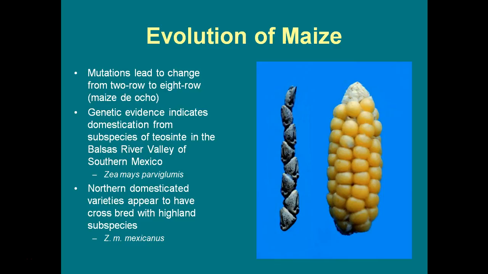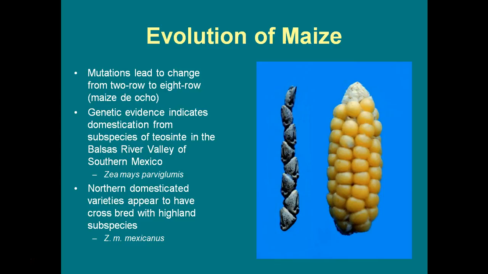And after people domesticated maize and began to move it to other areas, either the people moving and bringing seeds with them, or trading the seeds to their neighbors and introducing them to agriculture, a northern domesticated variety appears to have crossbred with a highland subspecies, Zea mays mexicana.